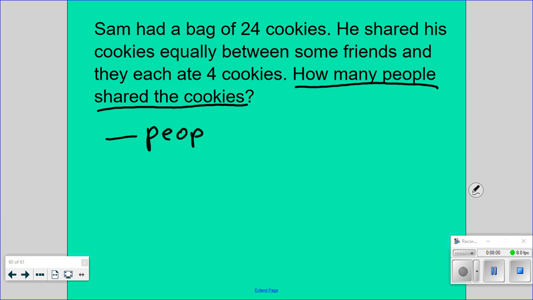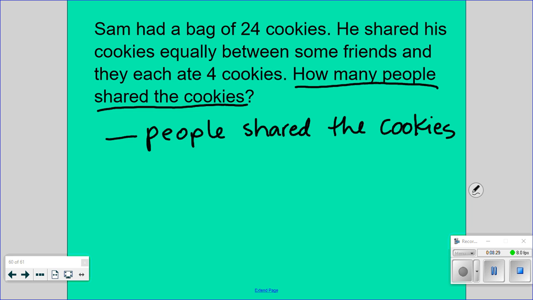Yep. It's not cookies that we're counting because I know how many cookies. I need to know how many people, so it should be blank people, not blank cookies.